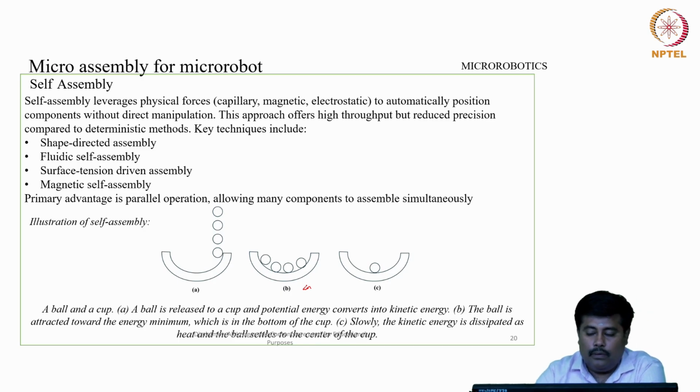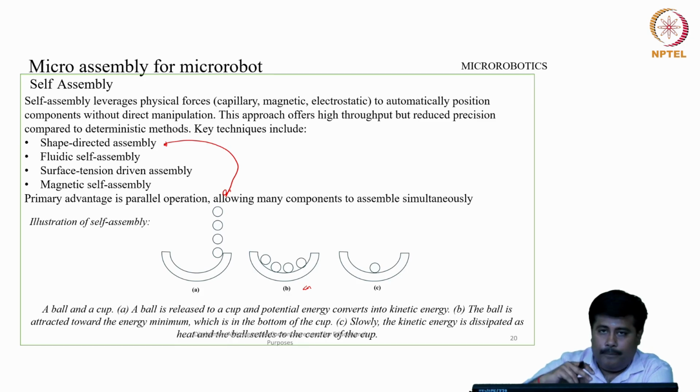Now let us look into the overall key techniques involved. As discussed earlier, this is shape directed assembly, where based on the shape or geometry, we can appropriately orient the assembly for a particular alignment.